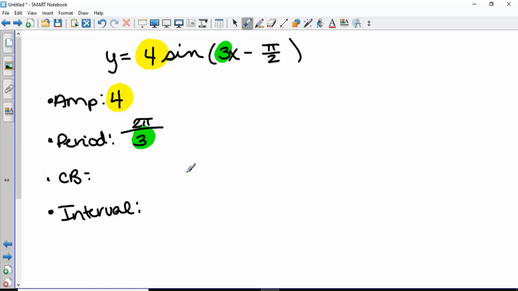Reduce that if possible, but we can't, so that one's good. Count by, how do we get that? Whatever we get for the period, divided by 4 for the 4 quadrants. Remember you can use your calculator, you just don't put in the pi. So you could say 2/3 divided by 4.